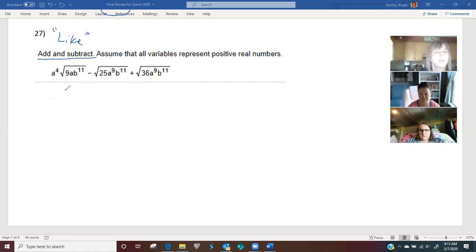But if we simplify them, maybe stuff will happen. So 9 is 3 squared. And now we have to use those skills with those evenly divisible exponents. So b to the 11th, I need it evenly divisible by 2. I could split it into b to the 10th times b, true?